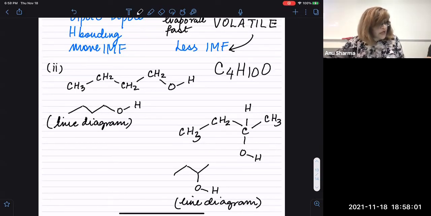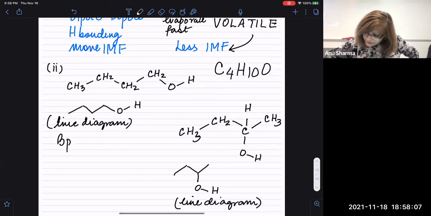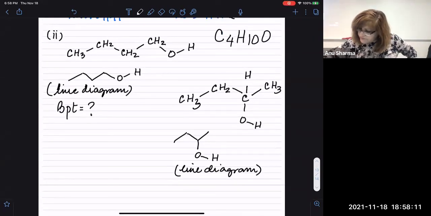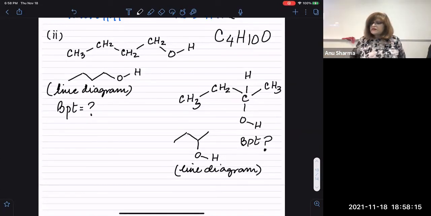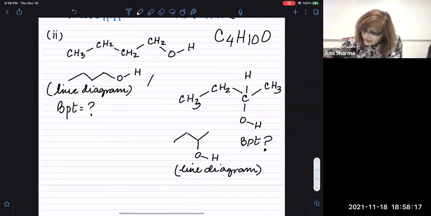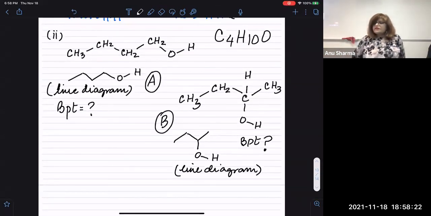But which one will have a higher boiling point, A or B?